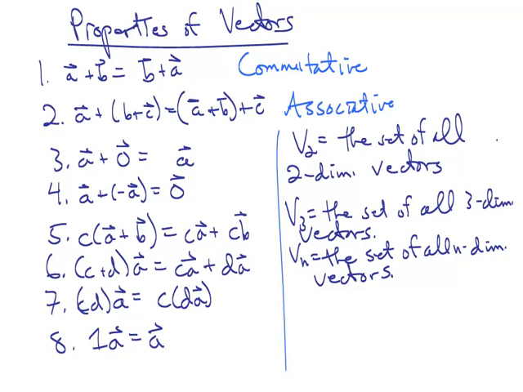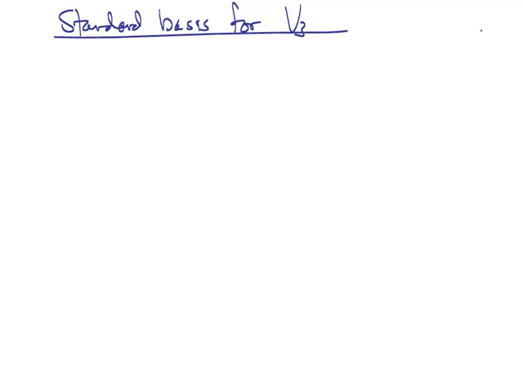Now, we also have what is referred to as our standard basis. We'll go ahead and do it for V3, but I think you'll be able to see what it is for other dimensional vector spaces as well. i is going to be the vector 1, 0, 0.